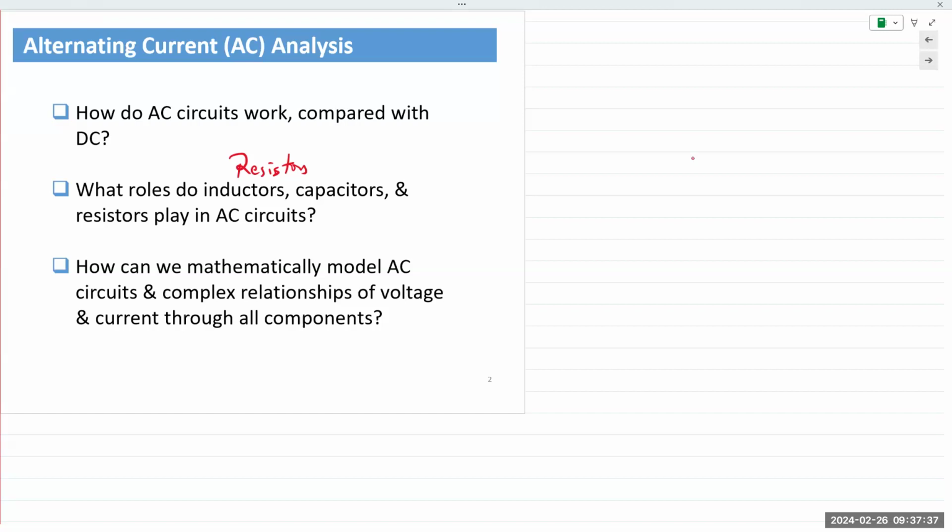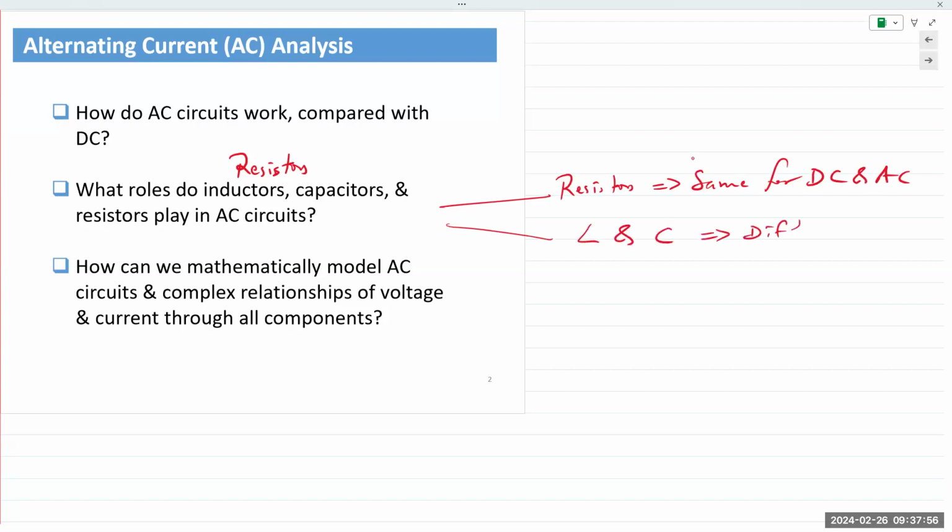And so resistors are the same for DC and AC. L and C, different because of energy storage.